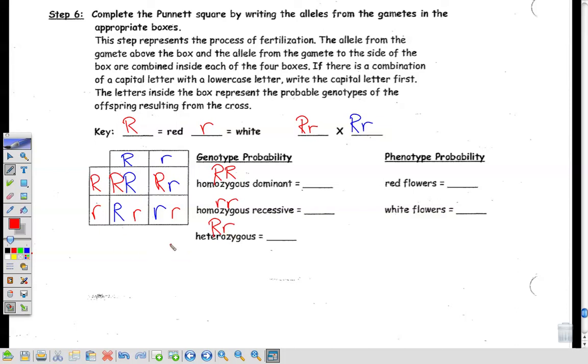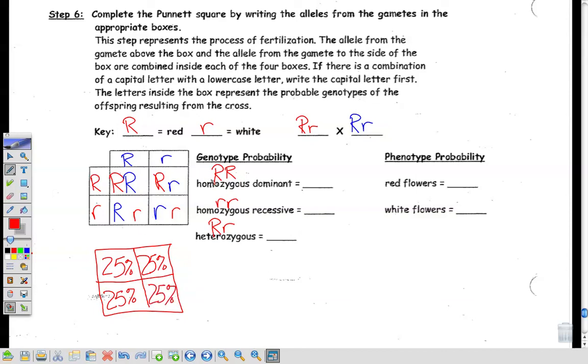So each of these boxes, and this is how we determine the probability, has a 25% chance of occurring, right? Which makes sense, right? 4 quarters equals a whole.